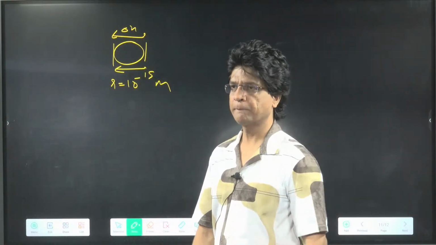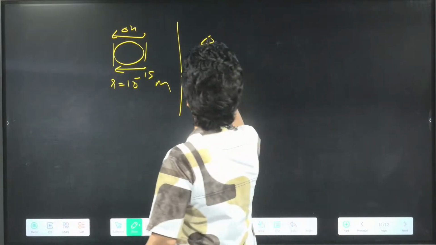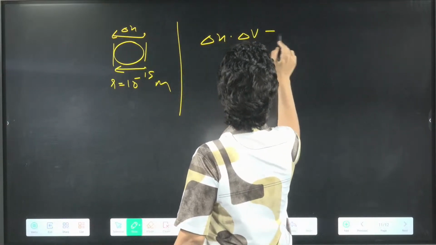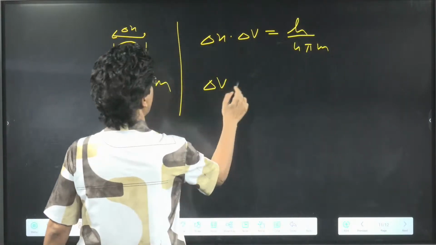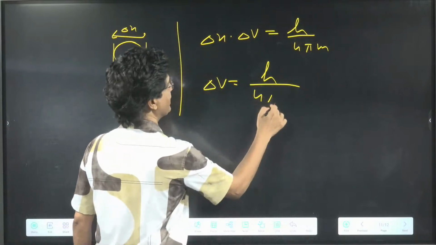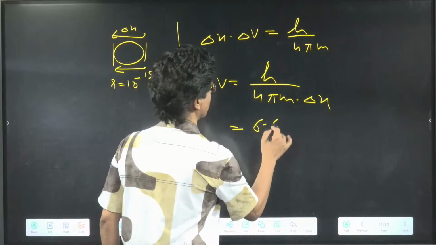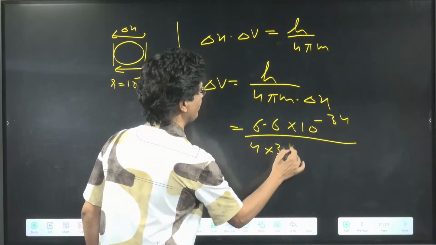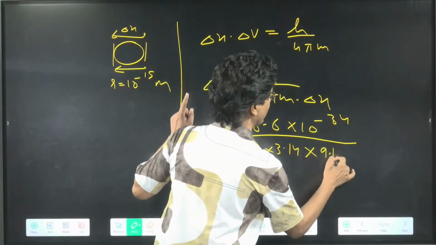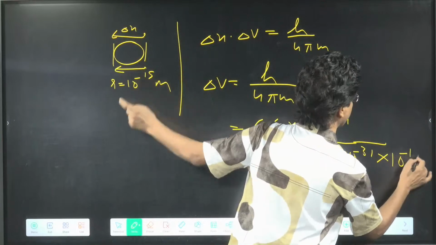Yes or no? Then according to the Heisenberg uncertainty principle, delta x into delta v is equal to h upon 4 pi m. This delta v must be h upon 4 pi m into delta x. Now h is 6.6 into 10 to the power minus 34, and 4 into 3.14, m is 9.1 into 10 to the power of minus 31, and this delta x is 10 to the power minus 15.